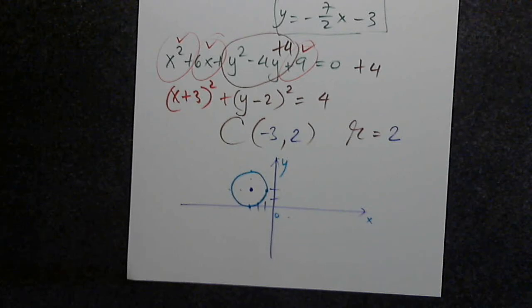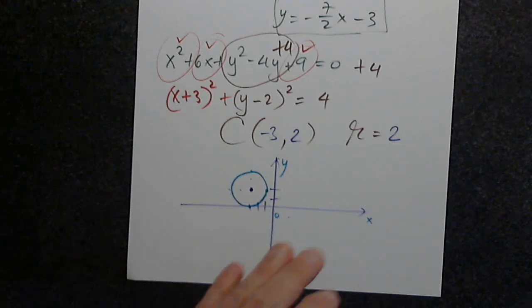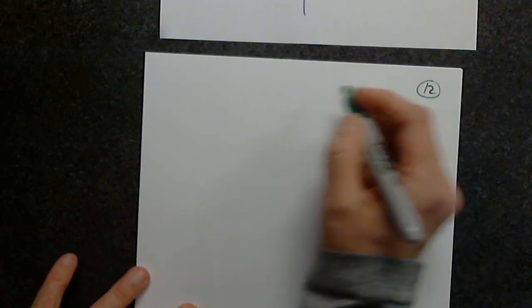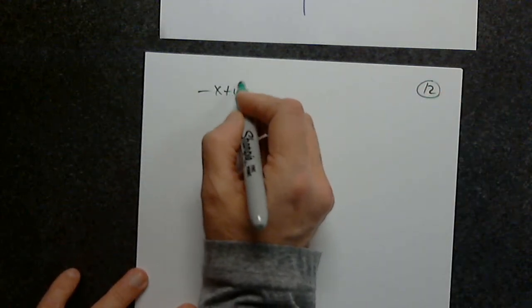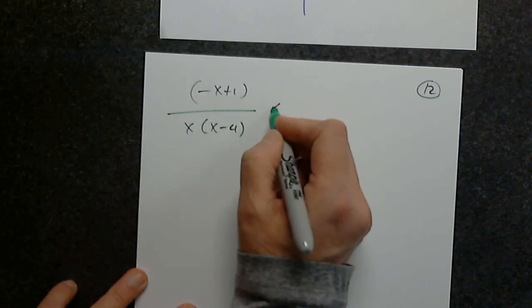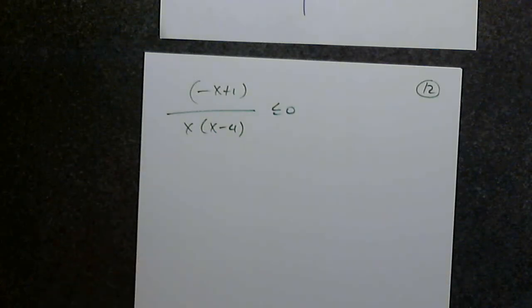Yes. So the first one is a rational inequality. Negative x plus 1 over x minus 4, they say less than or equal to 0.